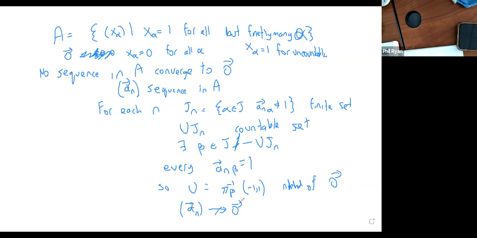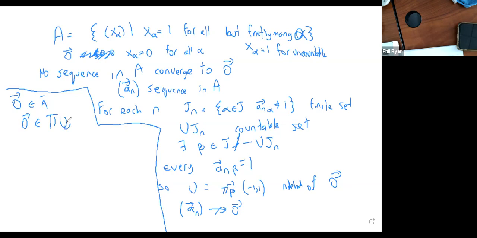Okay. Let's see. But why is 0 in the closure? So let 0 be in some open set, in some neighborhood. So we're in the product topology.